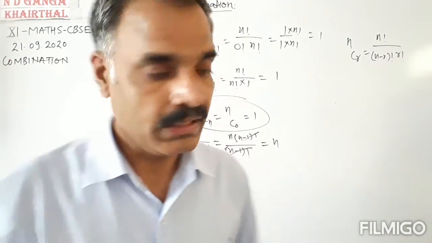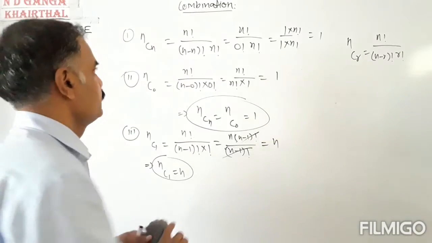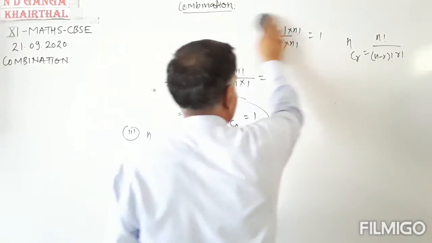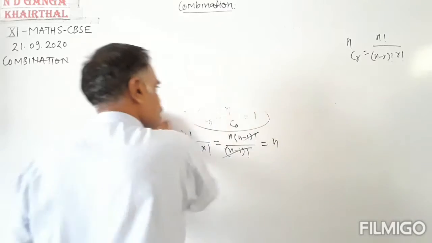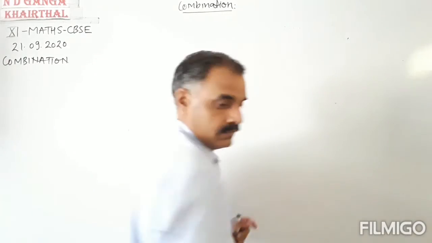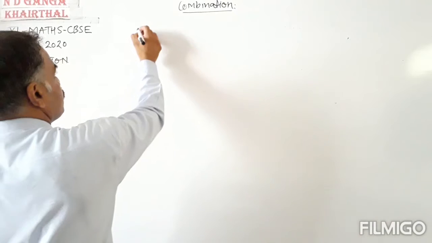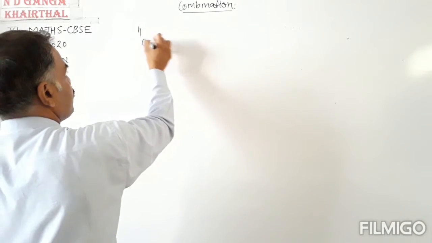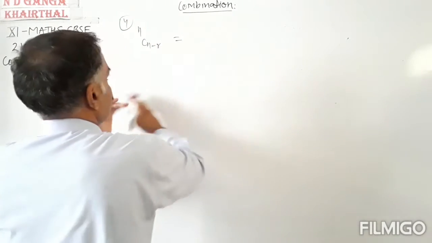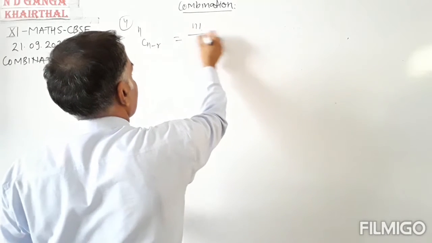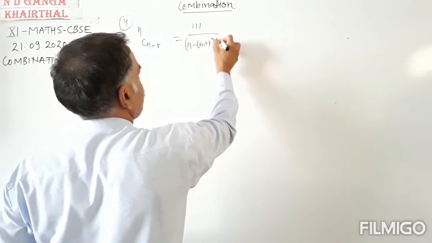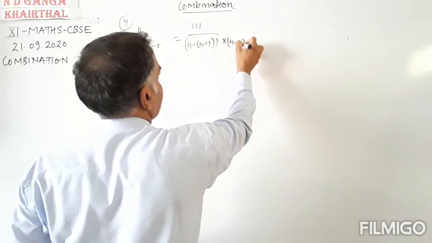Now we also have some more properties. The fourth property is NCn minus r, which equals factorial n upon n minus r factorial into n minus r factorial.